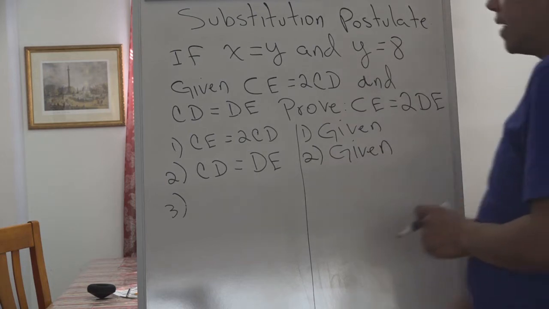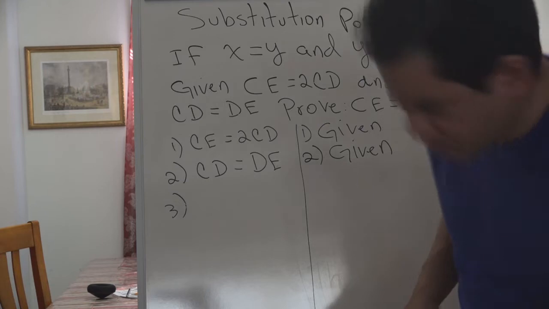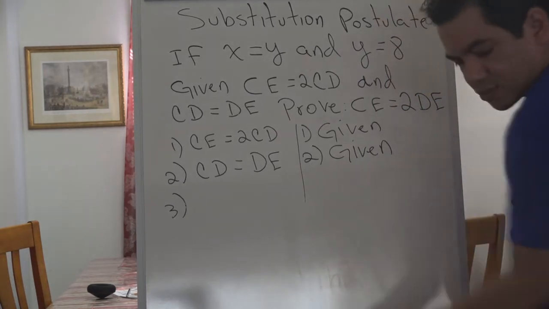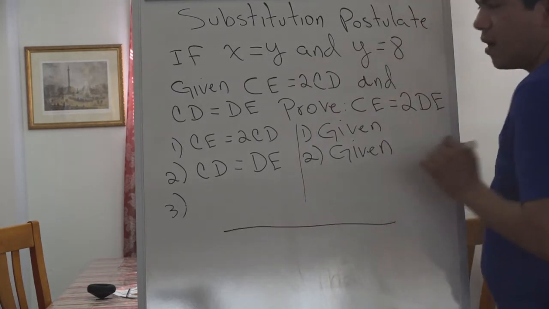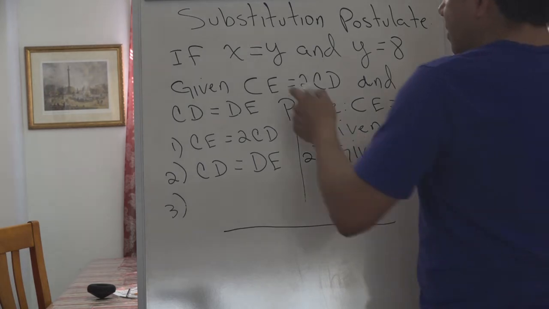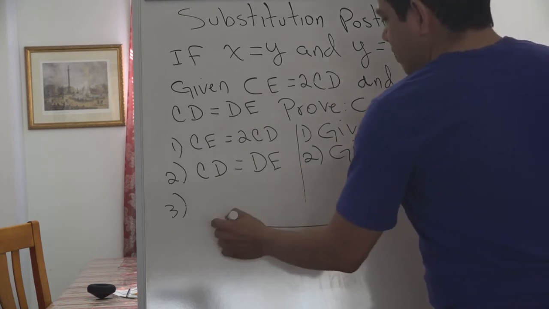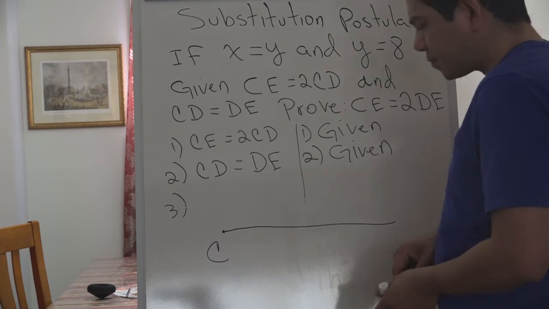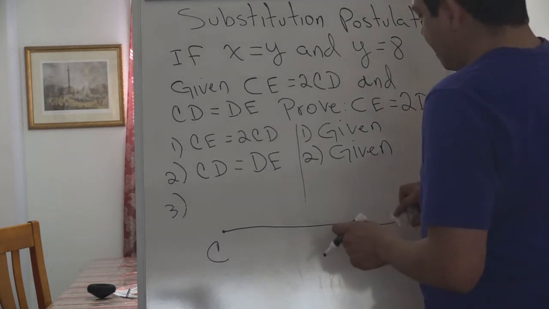Okay then. So, let's see if I can come up with a little diagram to show. I really don't know how to do the diagram, but hey, listen, that's what we're here for. So let's say I have a segment. Now, I have C, D, and E. So I'm going to assume that this is C, right?